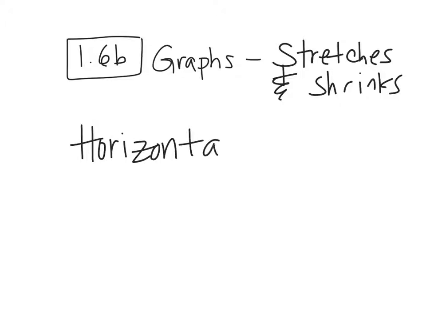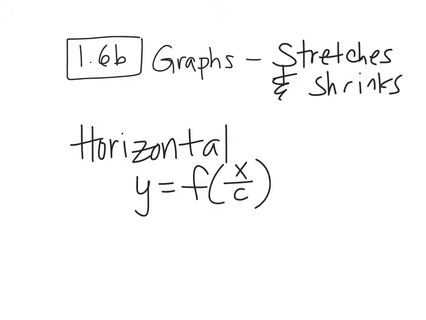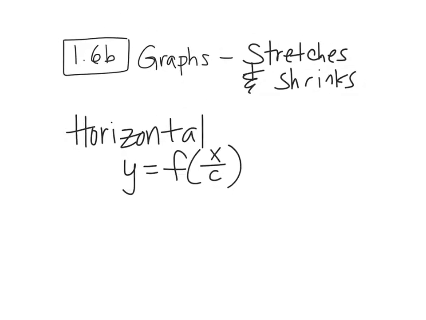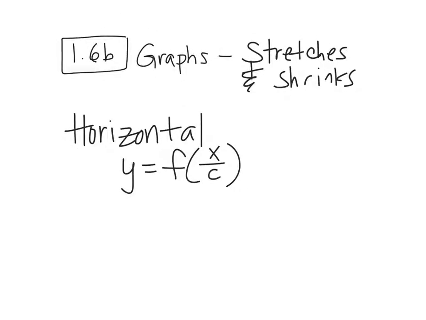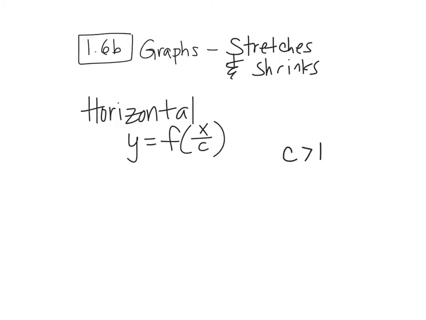So a horizontal distortion looks like this. Y equals f of x over c. And if c is greater than 1, we get a stretch in our graph.